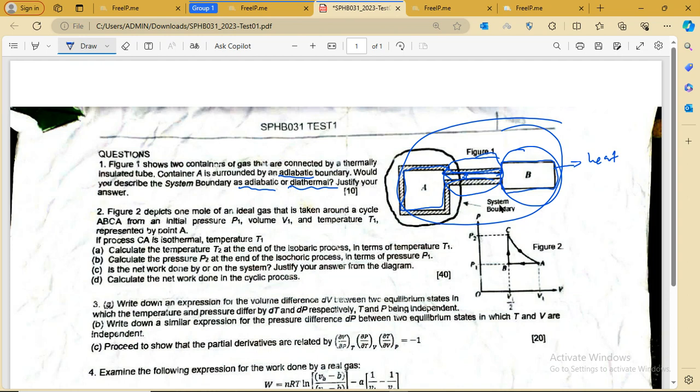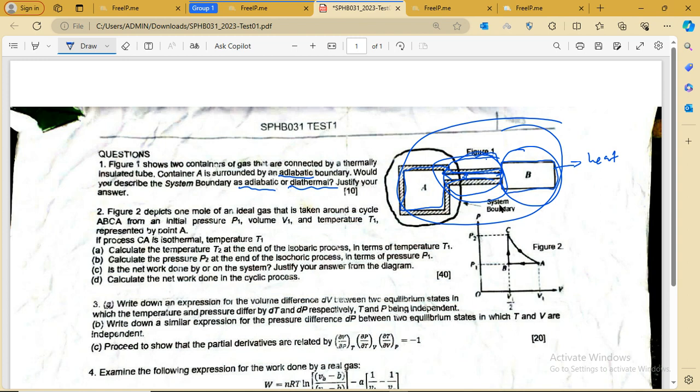Then this will be regarded as adiabatic. Or we assume that this separation between A and B is short and wide, then it will be diathermal.